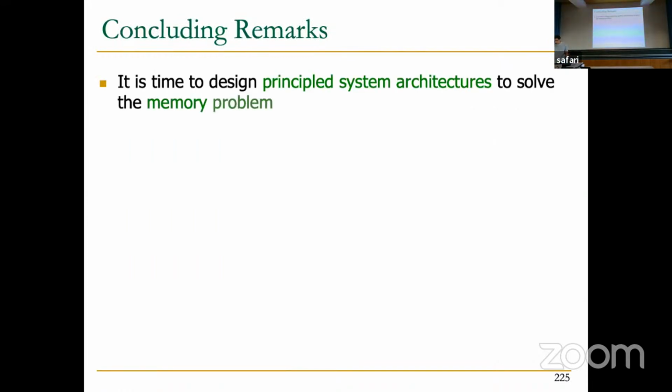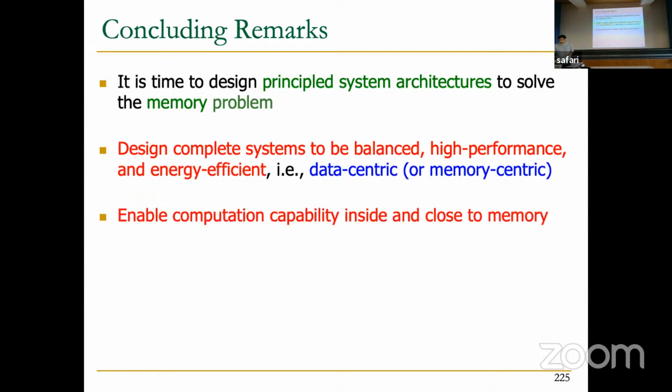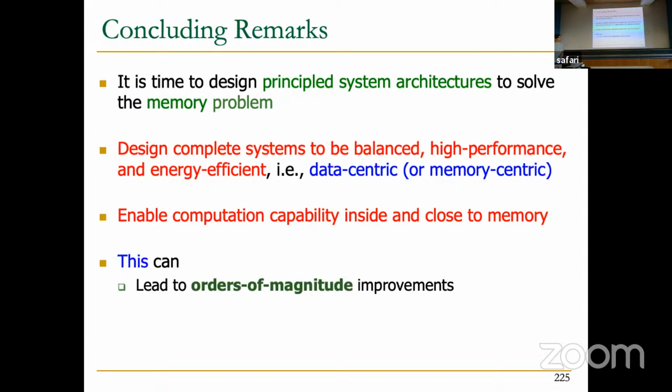So as concluding remarks, it's time to design principled system architectures to solve the memory problem, design complete systems to be balanced, high performance and energy efficient, data-centric or memory-centric. Memory doesn't need to be dumb. Memory can do useful things. And this way we will alleviate some of the bottlenecks at least.